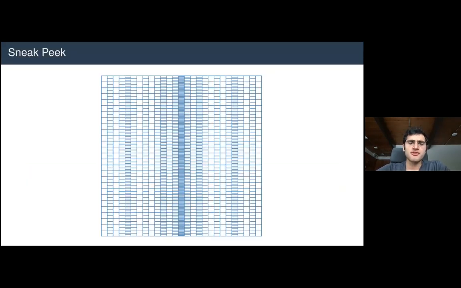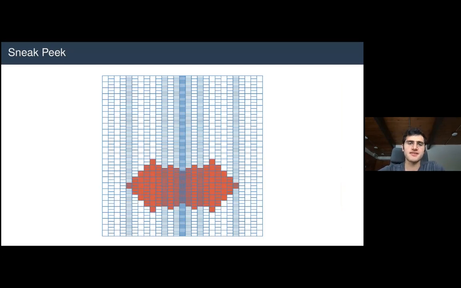I'm going to describe our construction to you later on, but here's a sneak peek at it. They look like this, and a ball in this graph looks like this. Intuitively you can see why the complement of it is connected, because it has no hole inside.